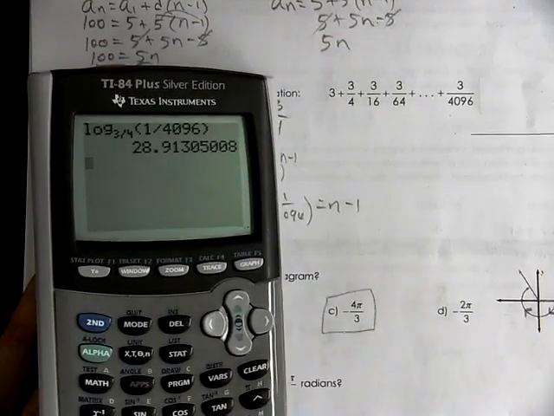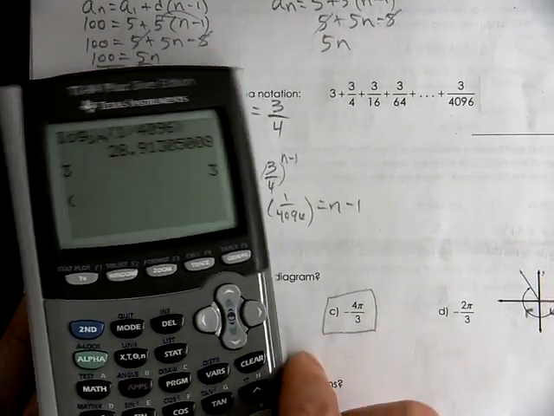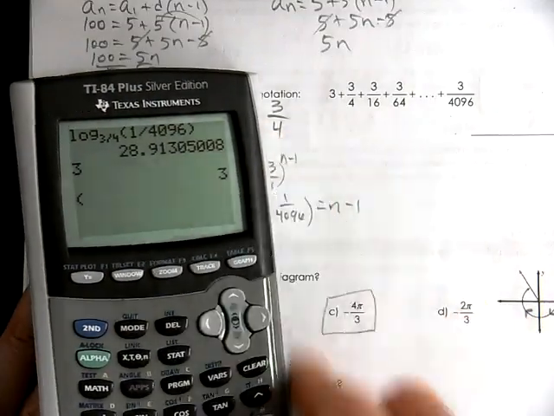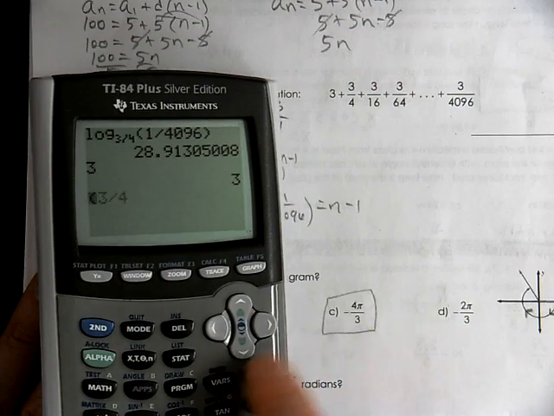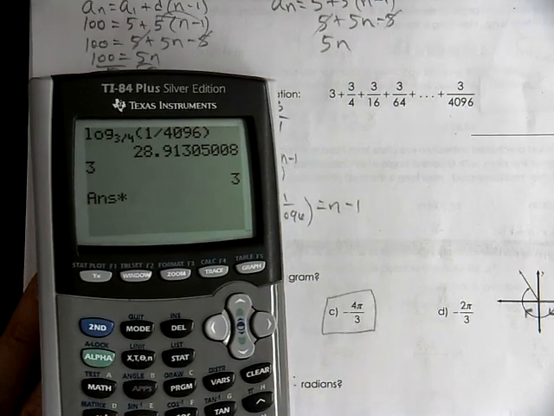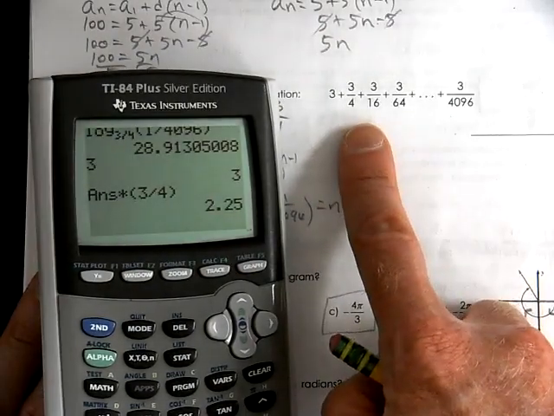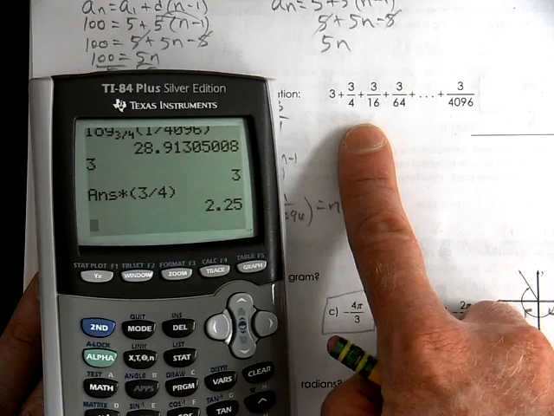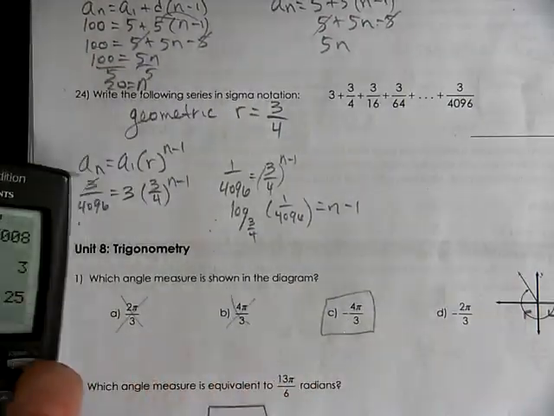Let's test this. Let's start with 3. Let's times this by our ratio of 3/4. I'm going to times it by 3/4. Oh, that's my issue.